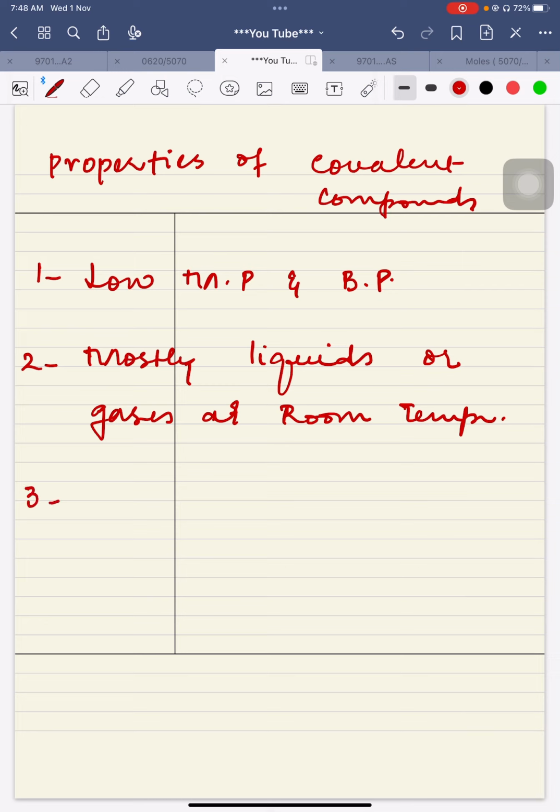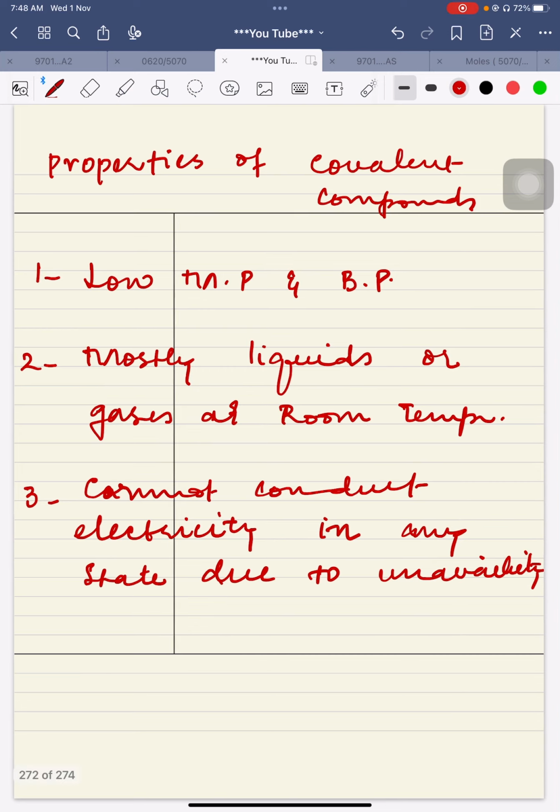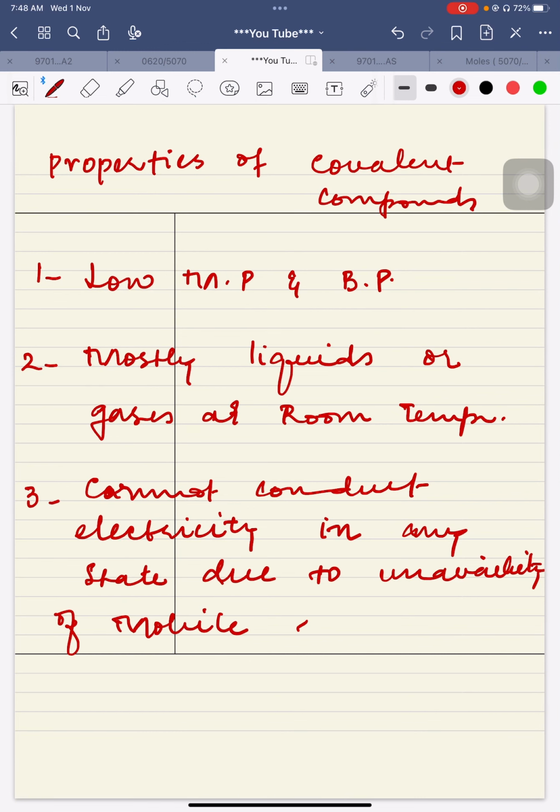Number three, they cannot conduct electricity in any state, very clearly, in any state, due to unavailability of mobile electrons.